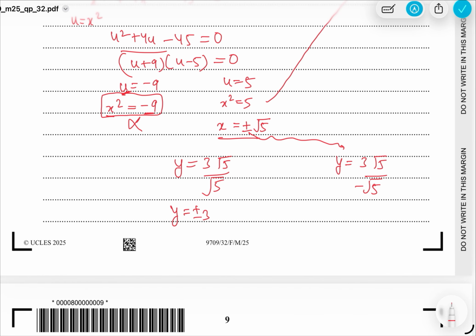So what are our square roots? They are root 5 plus 3 iota and negative root 5 minus 3 iota. Yes or no? When x was negative root 5, y was negative 3. When x was positive root 5, y was positive 3. So these are your two answers, learners.